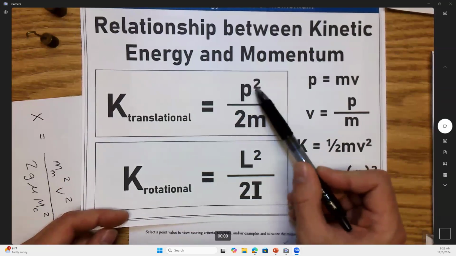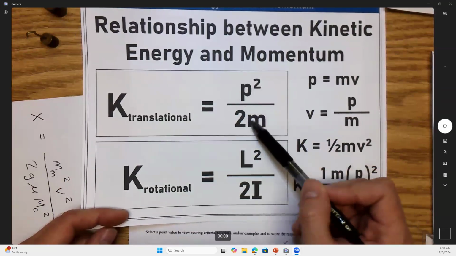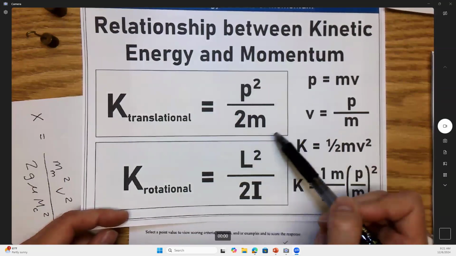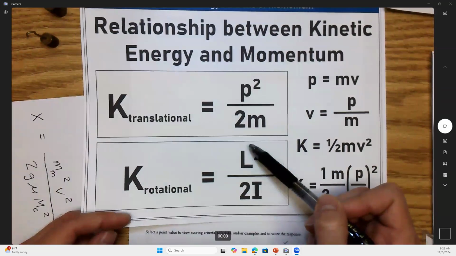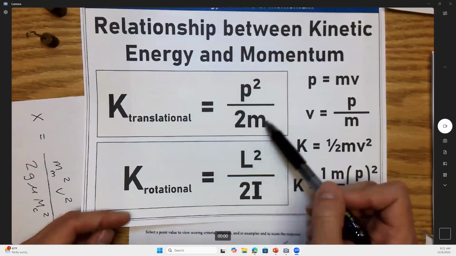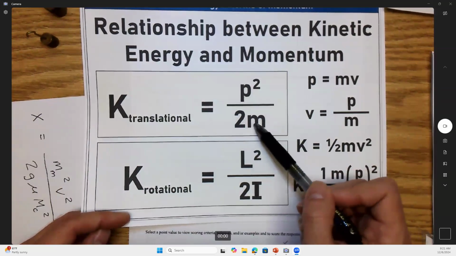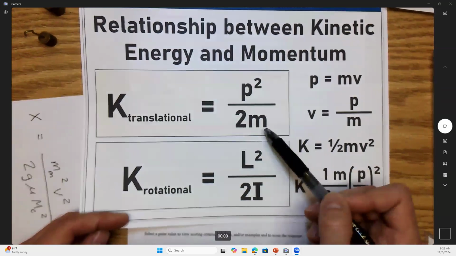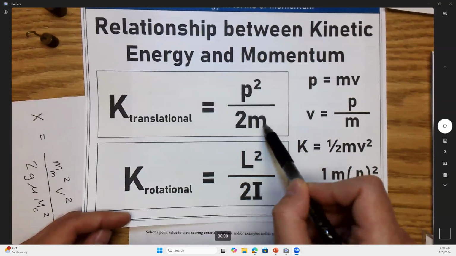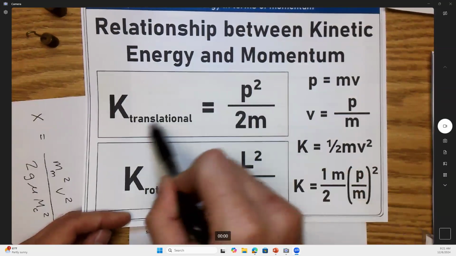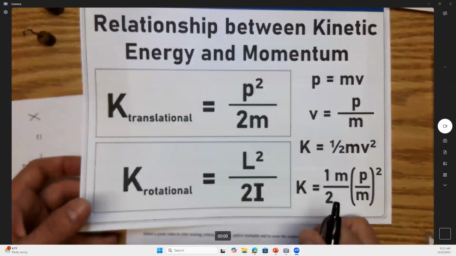But if you divide by smaller numbers, what happens to the overall fraction? It's bigger. If you divide by 1,000, that'd be a smaller fraction. If you divide by 1, that'd be a bigger fraction. So the fact that the mass of the marble is smaller gives you a larger kinetic energy. That would be consistent. So it said something like that.